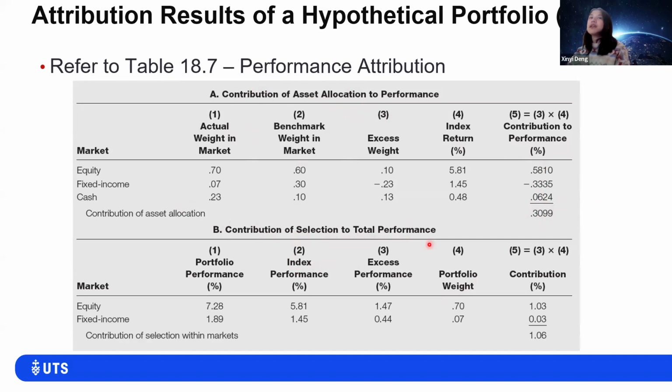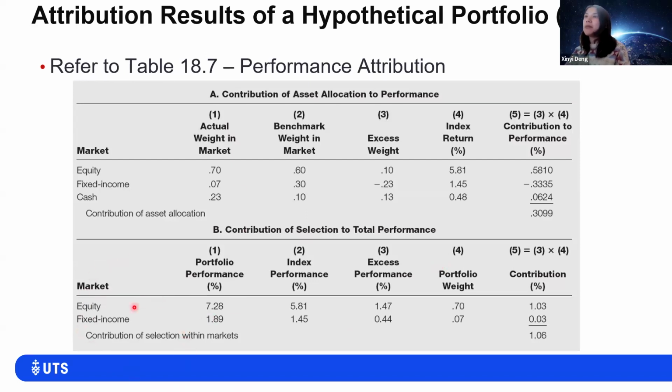Now let's move on to the contribution of security selection to total performance. The selection effect refers to the ability of conducting industry sector selection, and most importantly, the security selection within each market segment.